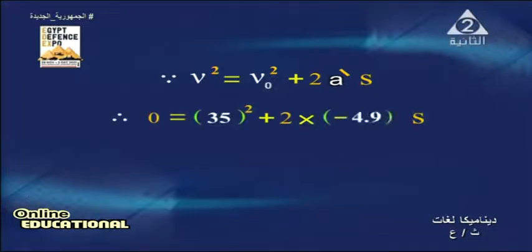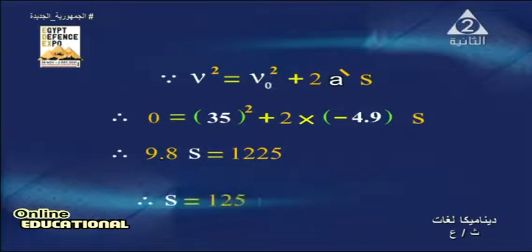The velocity equals 0 at rest, and the initial velocity in this case equals 35 meters per second, the final velocity in the first stage. 0 equals 35 squared plus 2 times a dash, which equals negative 4.9 meters per second squared, times s. Then 9.8 s equals 1225, and we get the displacement equals 125 meters.